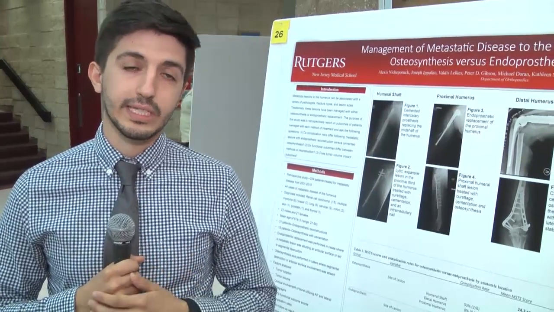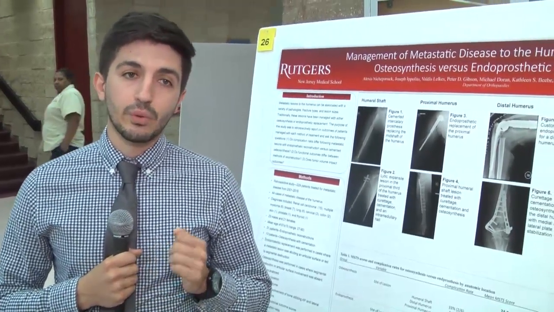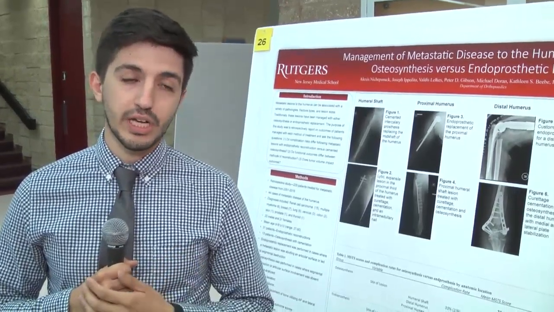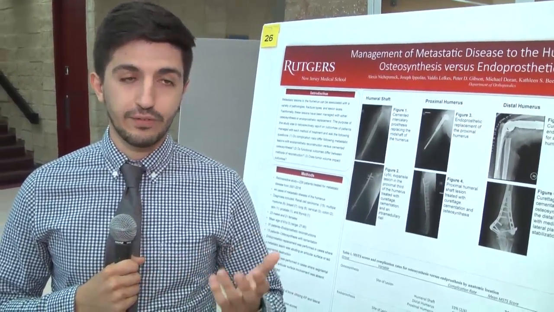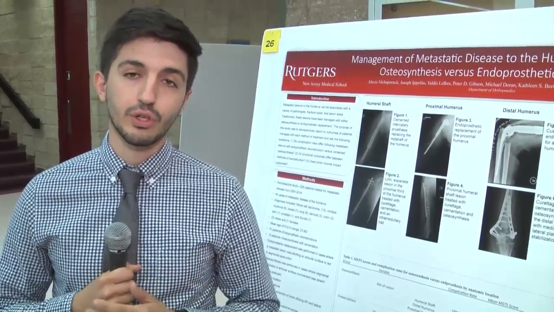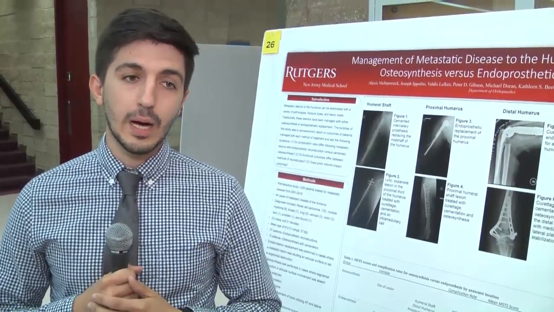And what we found was that the only place where there was really a difference was at the humeral shaft, and also if there was more than 2/3 cortical involvement.